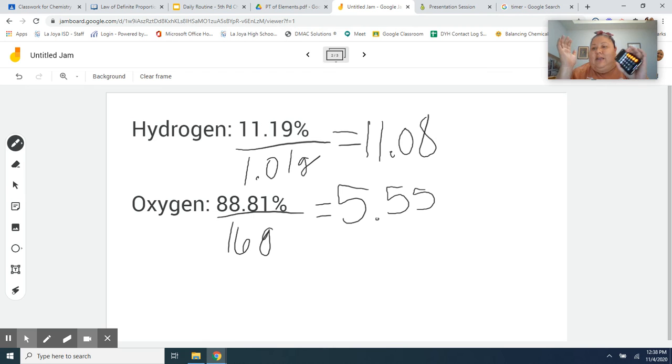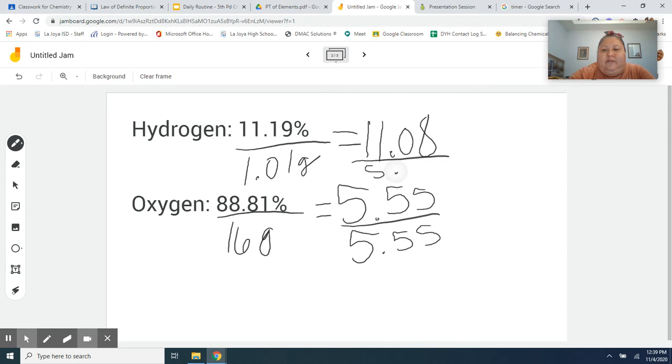All right, now that I have that information, the only thing left to do is to divide my numbers by the smallest answer. And between these two, oxygen's answer is smaller. So I'm going to divide both of them by 5.55. They're not S's, they're 5s.